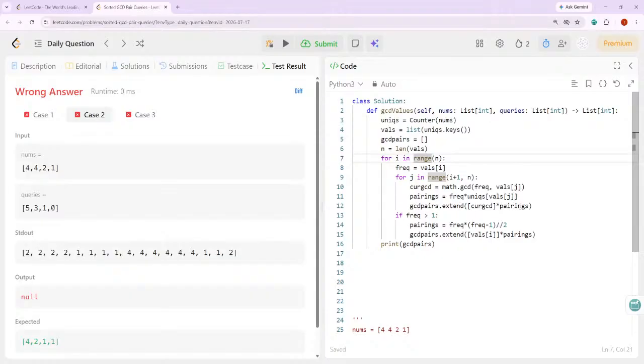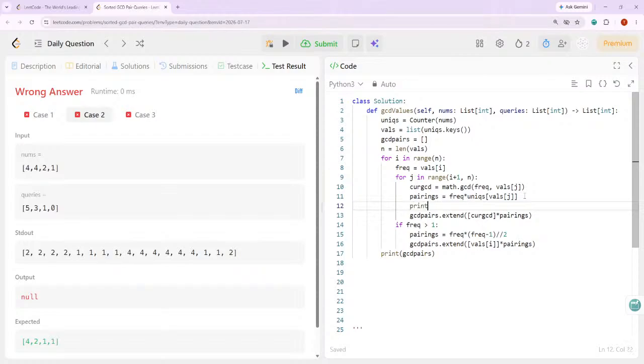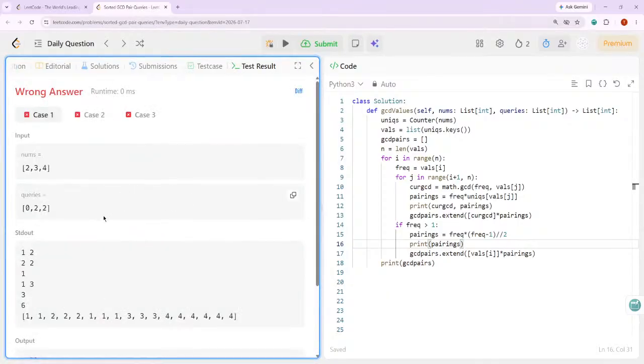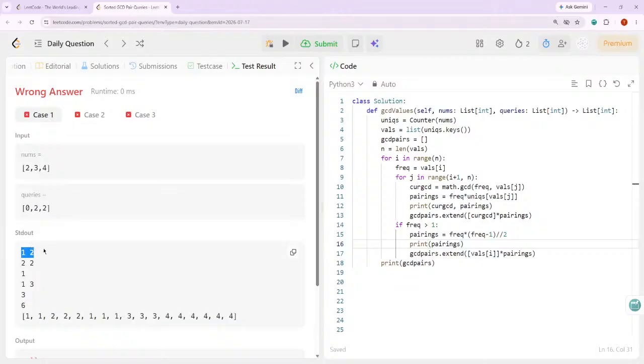Current GCD times pairing. Okay, let's go ahead and just print out what these things are doing. Is my calculation for the number of pairings incorrect? So 1 and 2.